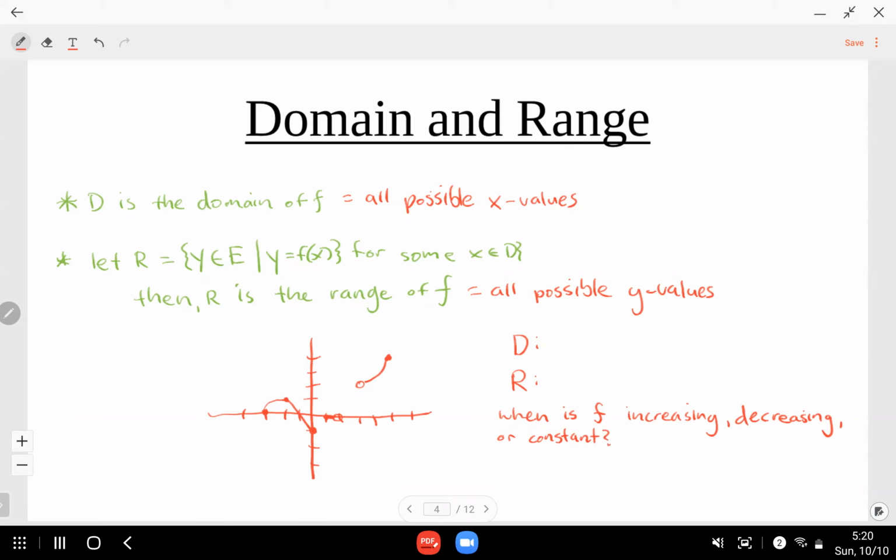I'll give you a few moments to do this. I'll fix up some of the lines here. This should be pretty easy, and I'll check back in a couple of moments to check your answers.